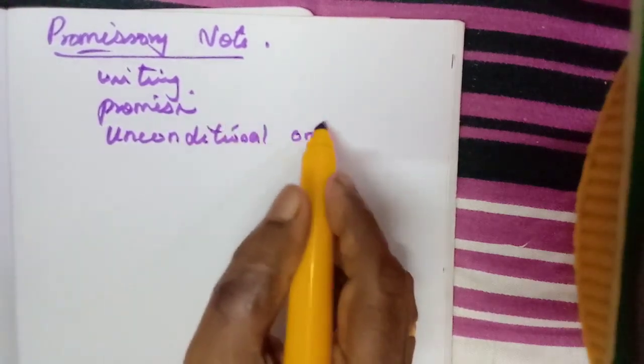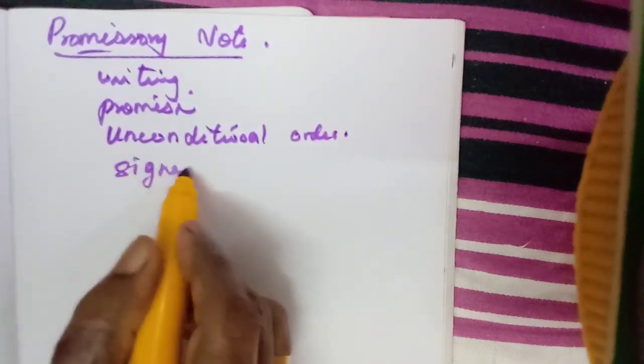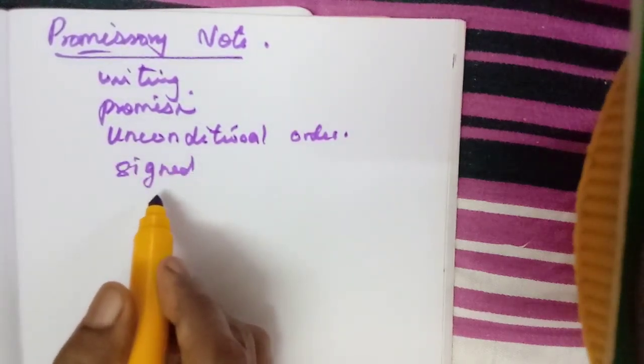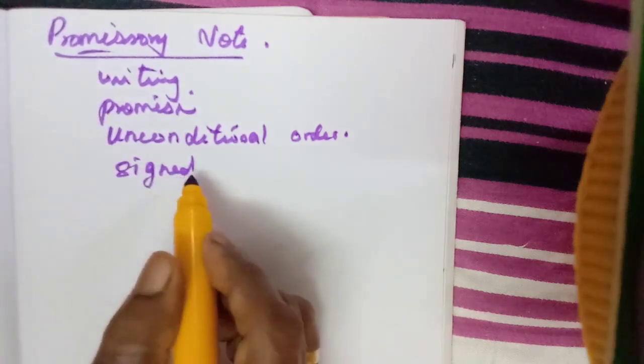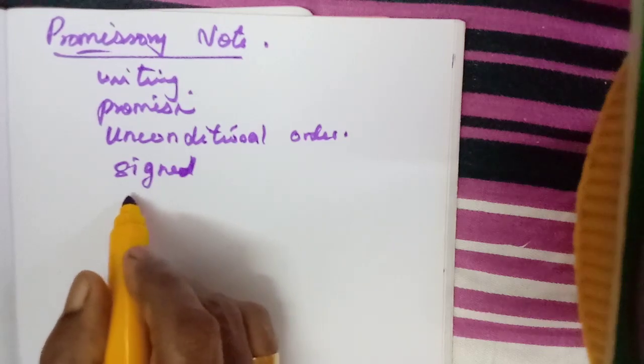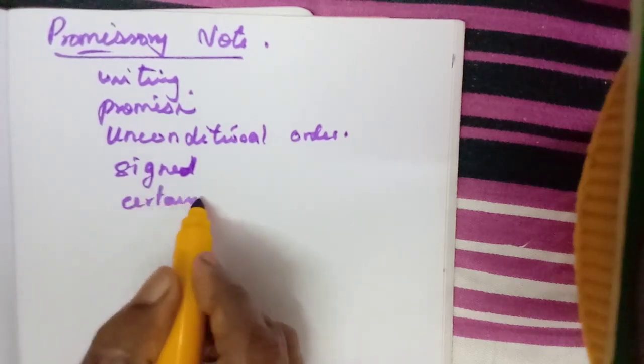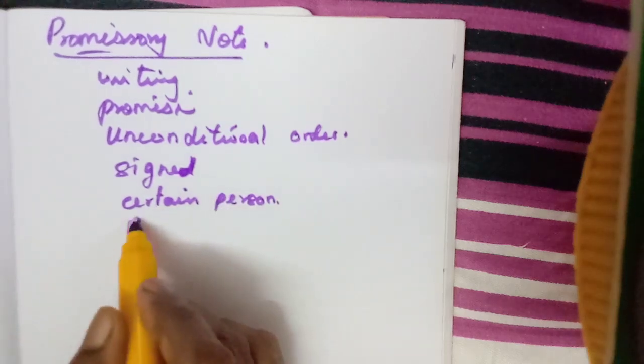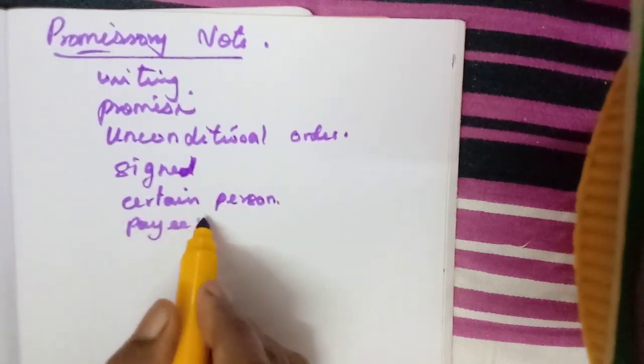It is also signed by the maker, and the maker will be a certain person. One person only can write a promissory note. And the payee must also be a certain person.